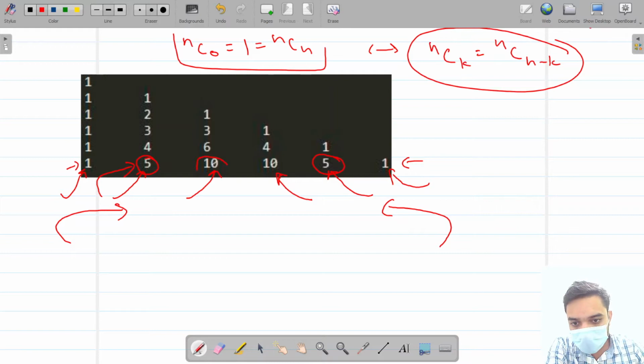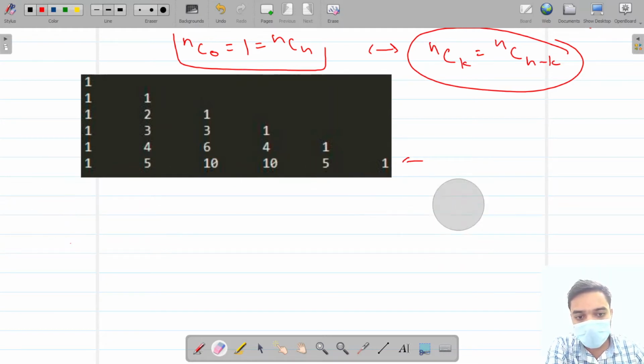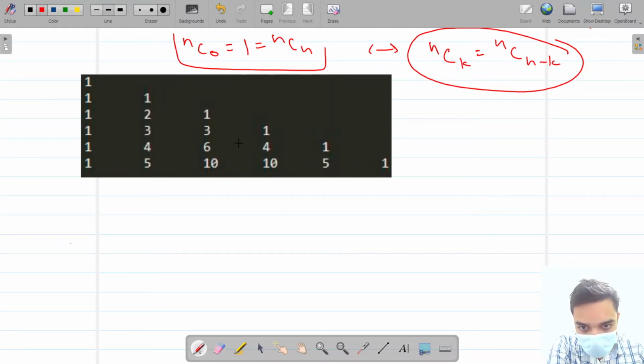The third element from the first is equal to the third element from the last. I hope you are getting what I am trying to say: it is symmetric from the center.